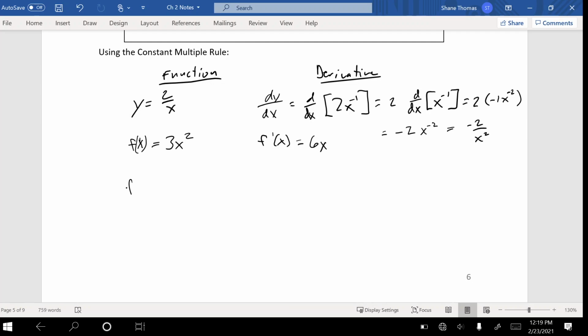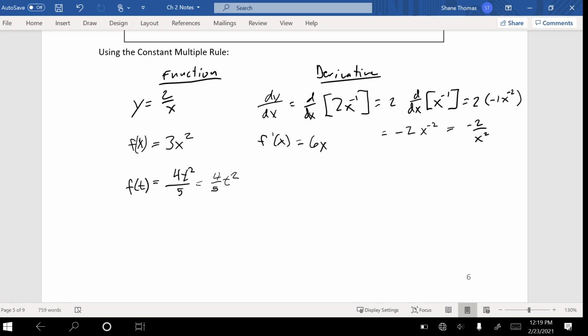Okay. Now a couple more kind of ugly ones here. So we'll go f of t is 4t squared over 5. All right, so I'm going to rewrite this first as 4/5 times t squared.